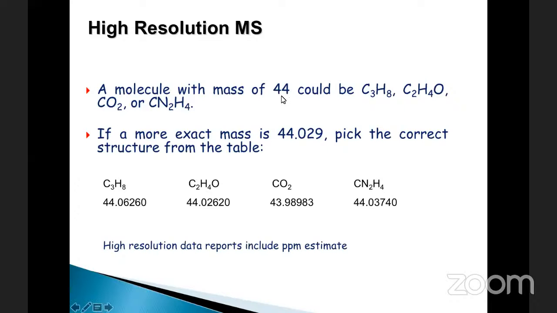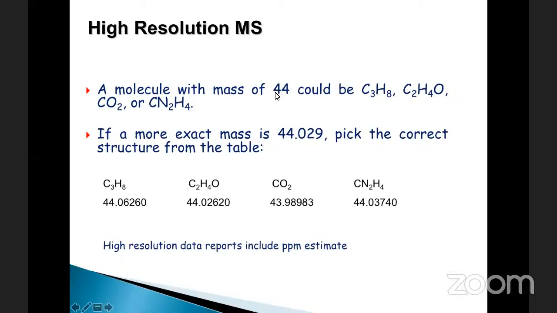A molecule with a mass of 44 could be either C3H8, you calculate it. Atomic weight of carbon is 12, hydrogen is 1. So 12 into 3 plus 8, so 44. Same for C2H4O, same for CO2, same for CN2H4.